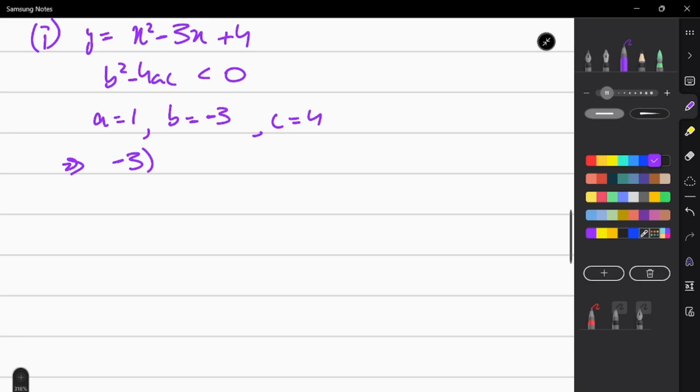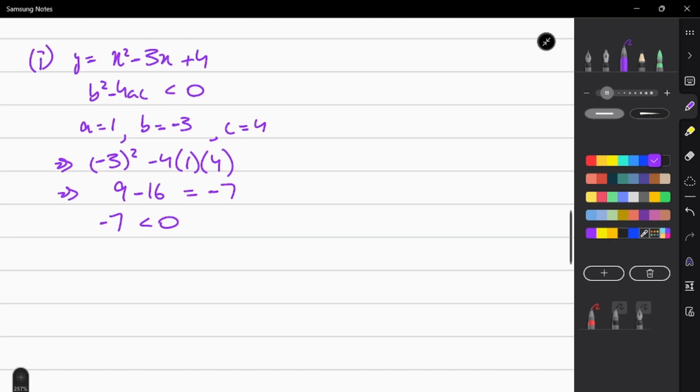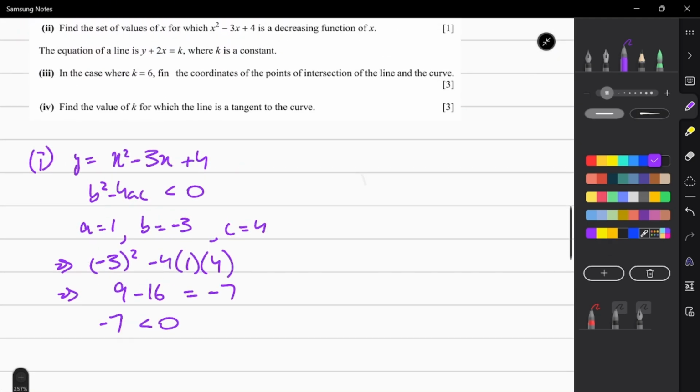So minus 3 squared minus 4 times 1 times 4. We get 9 minus 16, which gives us minus 7. And here it's proved that the discriminant is less than 0, as we are getting minus 7, which is indeed less than 0. So this is our proof. Okay, we are done with the proof.